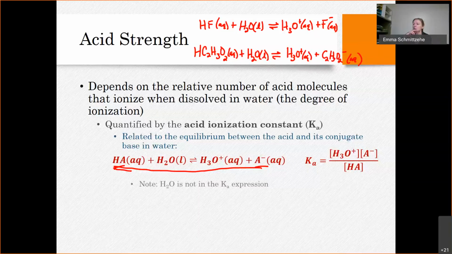And the other thing is notice that H2O is not in that Ka expression because remember, we leave out pure liquids and pure solids. And H2O with an L after it, that's a pure liquid. So that gets dropped out of the expression. So we just have H3O plus concentration times whatever anion over that weak acid concentration, okay?